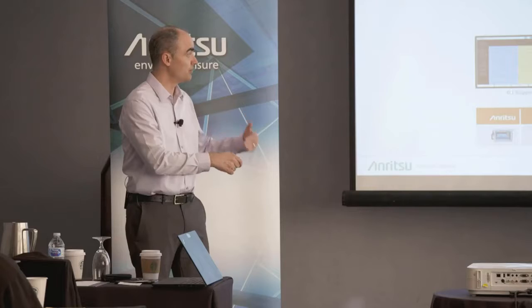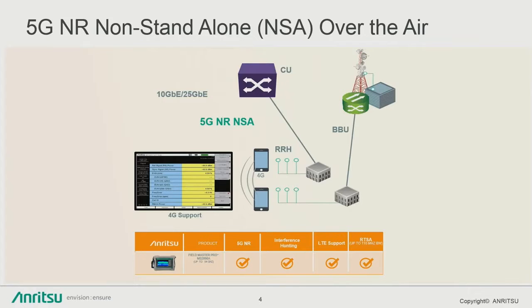I want to make sure my signal quality looks good, because if it doesn't, then 5G will never work. So having an instrument that can support both the 4G as well as 5G from an over-the-air perspective is very important for both non-standalone and standalone. And I'll get into more details as we go through my presentation. But that's all for the poster right now. Thanks, Danny.